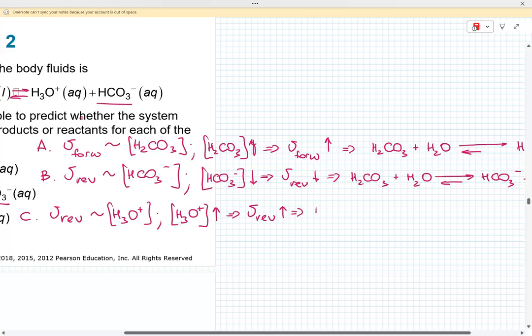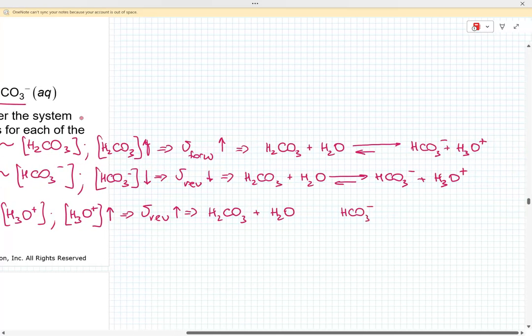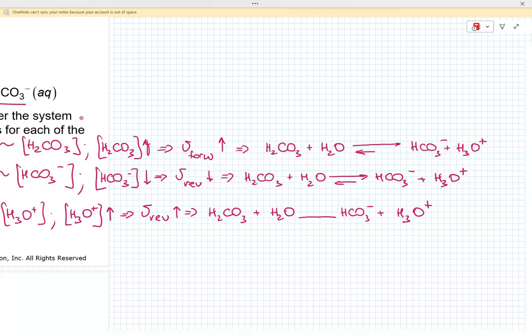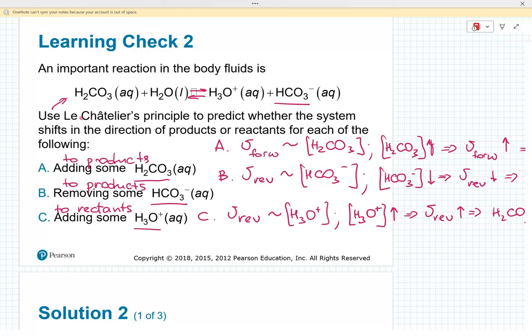Which means if we write this equation, the reverse rate is greater than the forward, which means it is shifted towards reactants. All good? Okay.